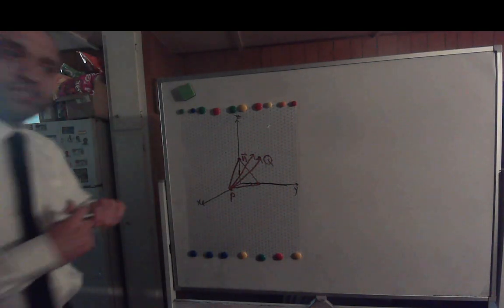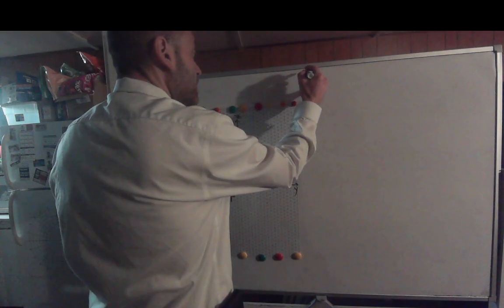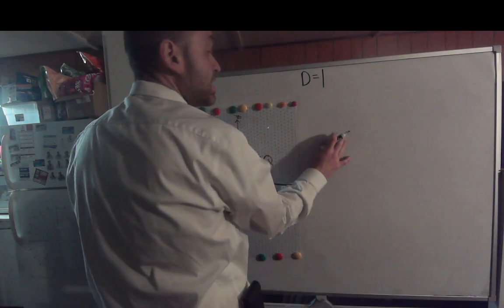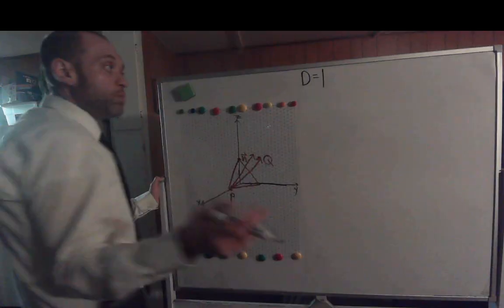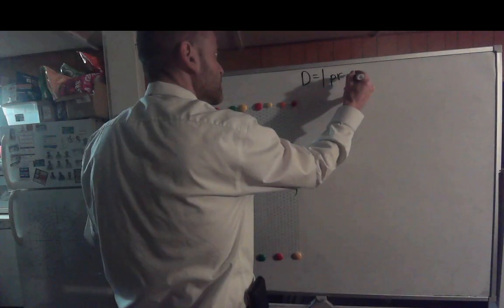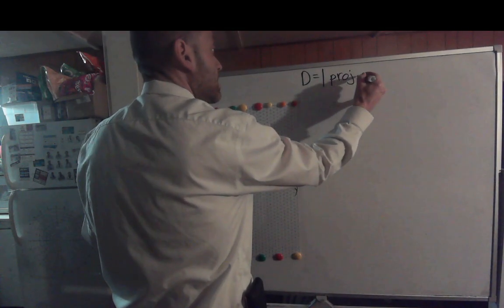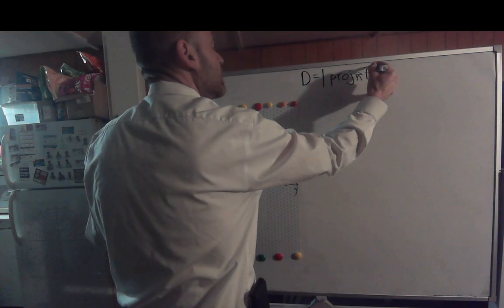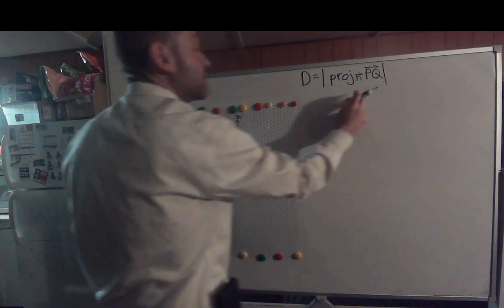So how do we do that? Well, this has been a minute since we've talked about this. Remember vector projections? Vaguely. I know it's been quite a while. The distance is simply the vector projection of vector PQ onto the normal vector. That's what that is.